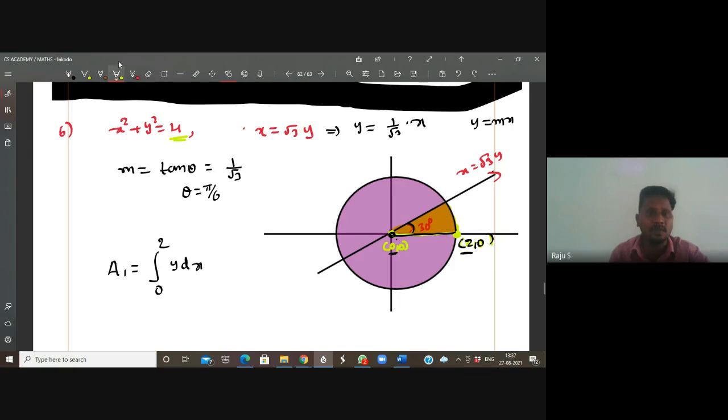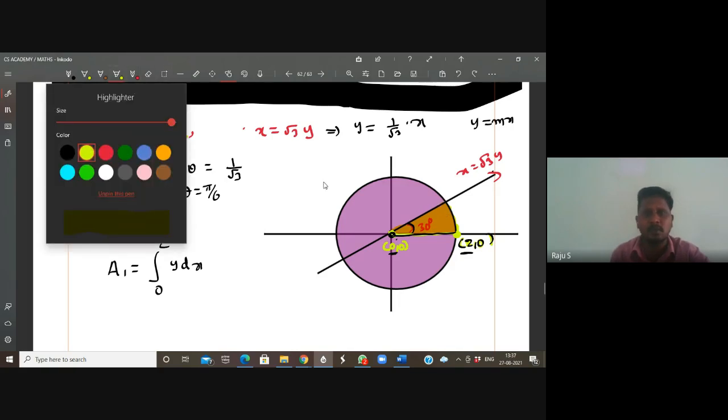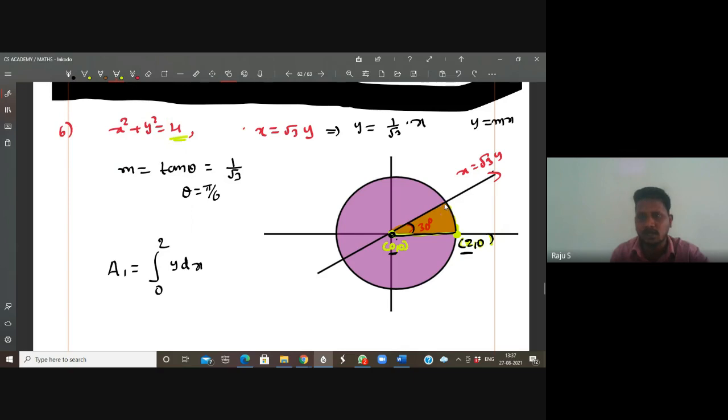How can you find the area? It's simple, students. Just draw the perpendicular line at the point of intersection of both. See here. First, what is the point of intersection?